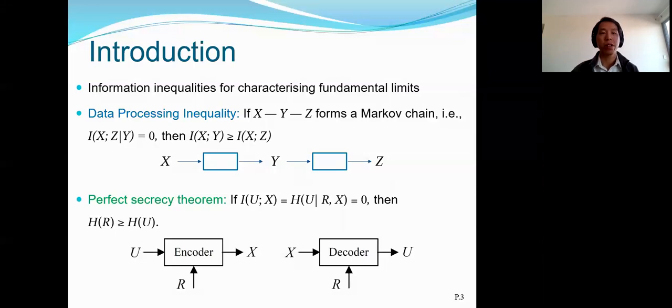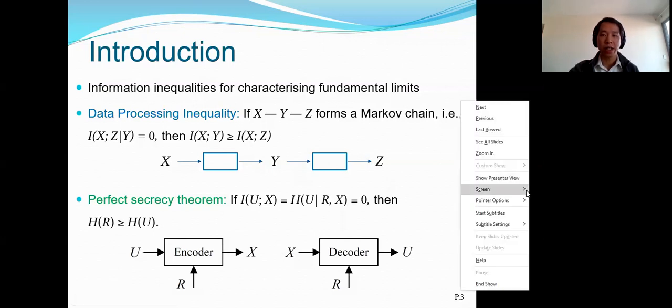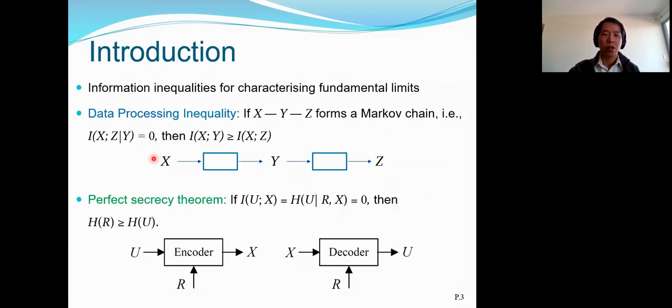For example, if we look at the data processing inequality, here we consider a system which has a data source X. We measure it, and then we get some raw data Y. Then we process the raw data Y and get the outcome Z. So here we say that they form a Markov chain, X, Y, Z. Or in the language of information theory, we use mutual information to describe the system.